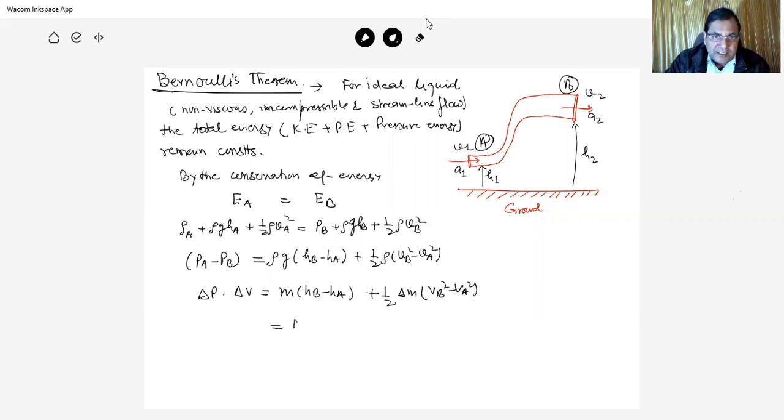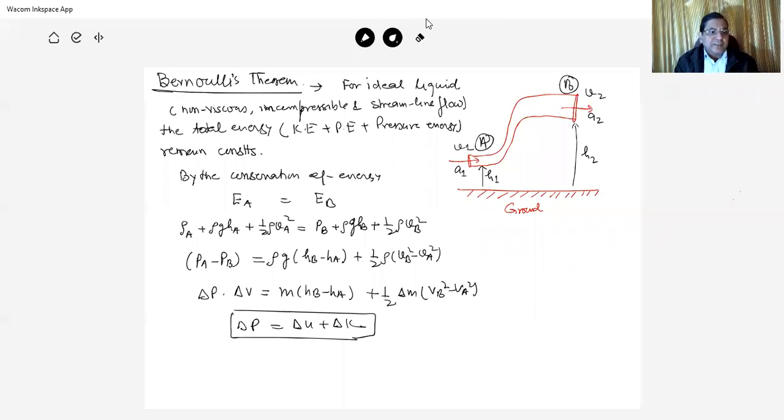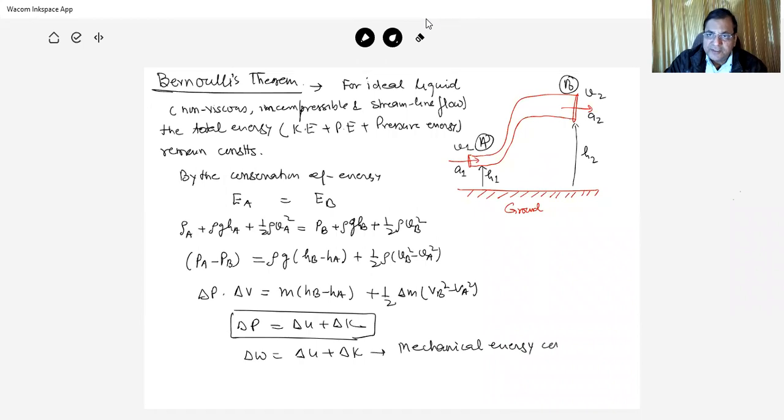So this is delta U plus delta K is equal to delta P. That is the conservation of mechanical energy. Delta P is nothing but the work done. So delta W is equal to delta U plus delta K, and this is the mechanical energy conservation.